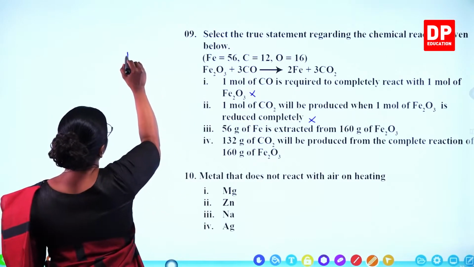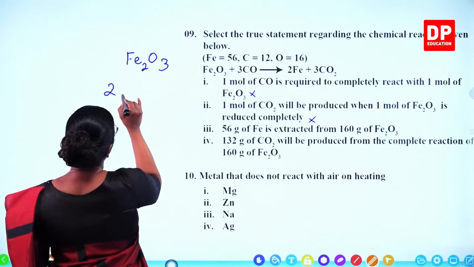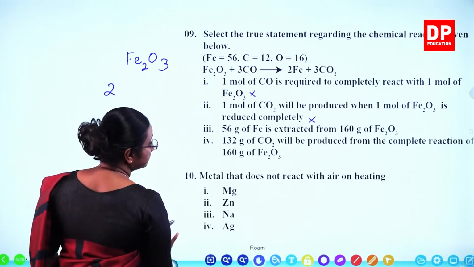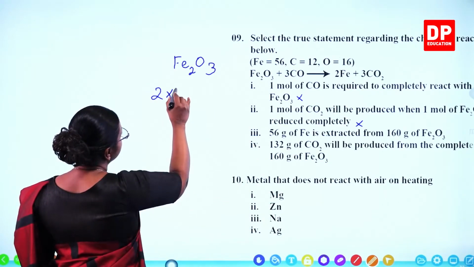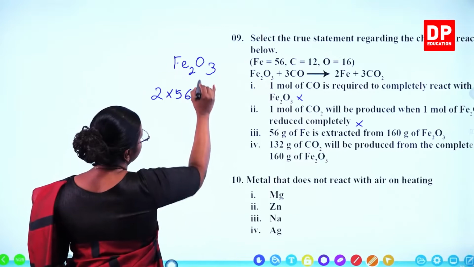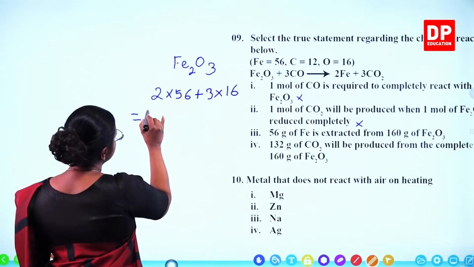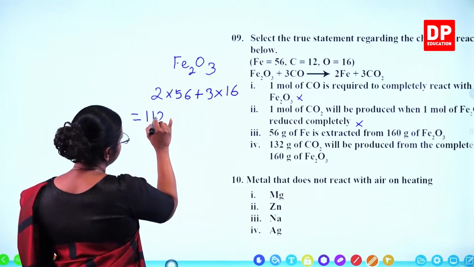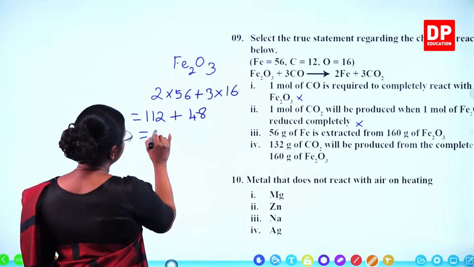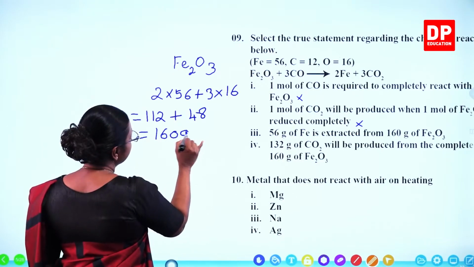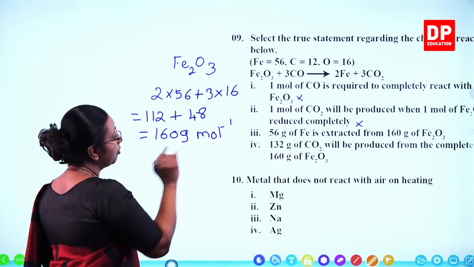If we calculate for Fe2O3, there are 2 iron atoms into 56 plus 3 oxygen atoms into 16. So this is 2 into 56, 112, plus 3 into 16, 48. So that is going to be 160 grams per mole if you write it as the molar mass.